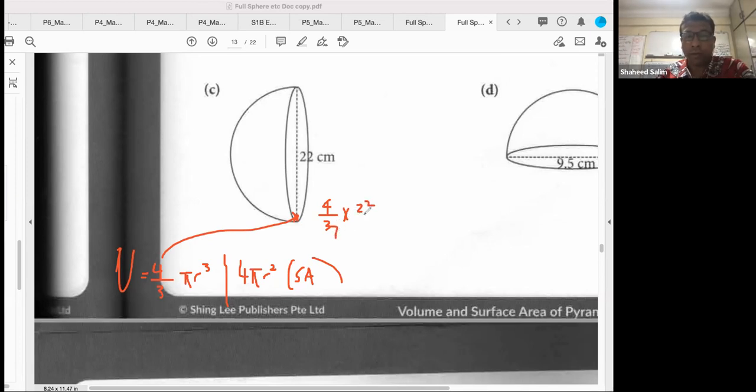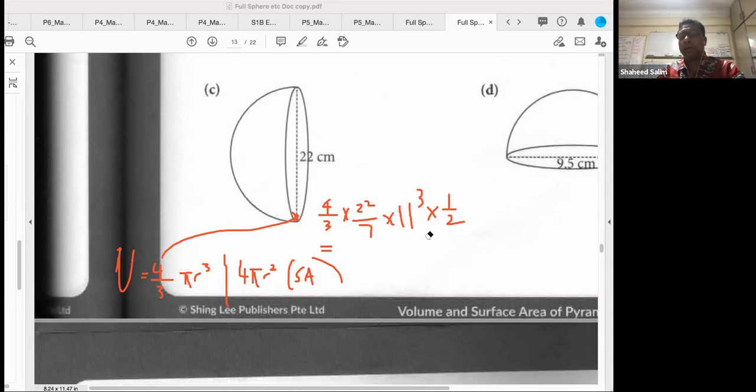Shafi, hold on. Now remember, Ryan, r cubed. Don't put 22, I must put 11 cubed. Times by half. This is for volume. Why times by half? Again, this is half of a sphere. So 4/3 times 22/7 times 11 cubed times half.